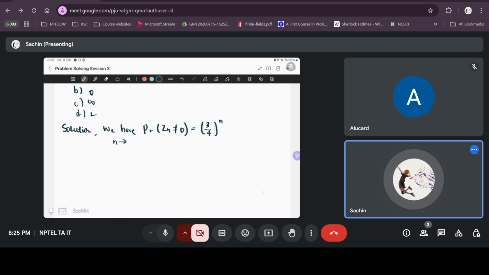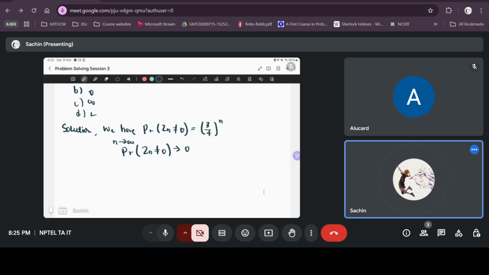So as n approaches infinity, probability that Zn not equal to 0 approaches 0 because 3 by 4 is a number less than 1. So with high probability, Zn is equal to 0.